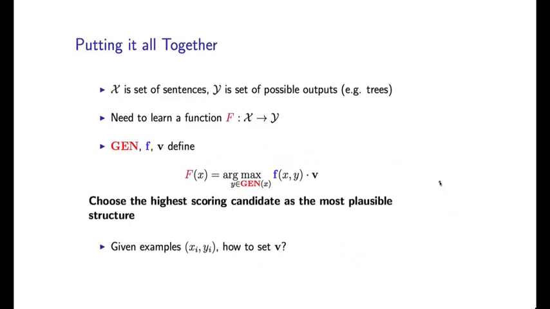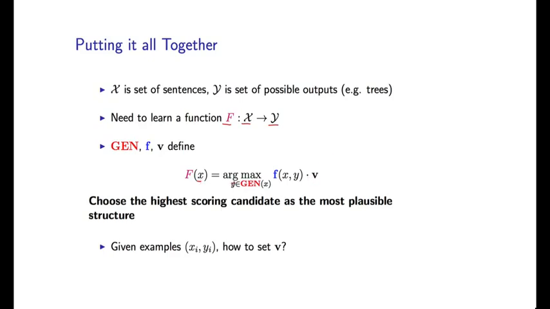Now that I've given you these three parts to the model, we can put things together and see how the global linear model defines a function F from the set of inputs to the set of outputs y. So what is this function capital F? It's going to take some input x and return some structure y, and that calculation is actually very simple.